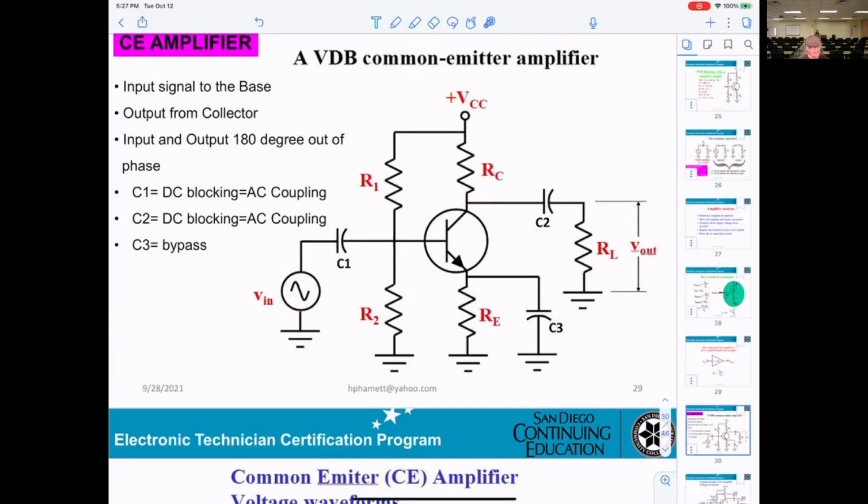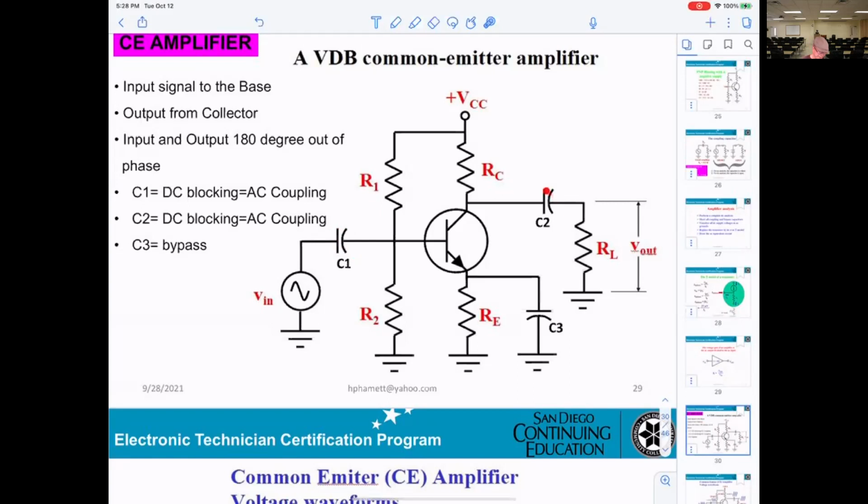Then you recognize that it is a common emitter. Also you understand the input signal and the output signal will be 180 degrees out of phase.